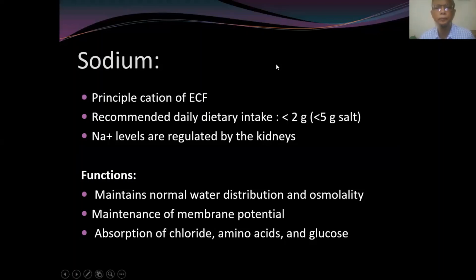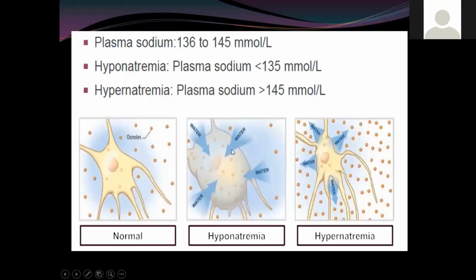It mainly maintains the water distribution and osmolality, maintenance of the membrane potential, and absorption of chloride, amino acids, and glucose. So these are the main functions of sodium. So this is a very important slide.